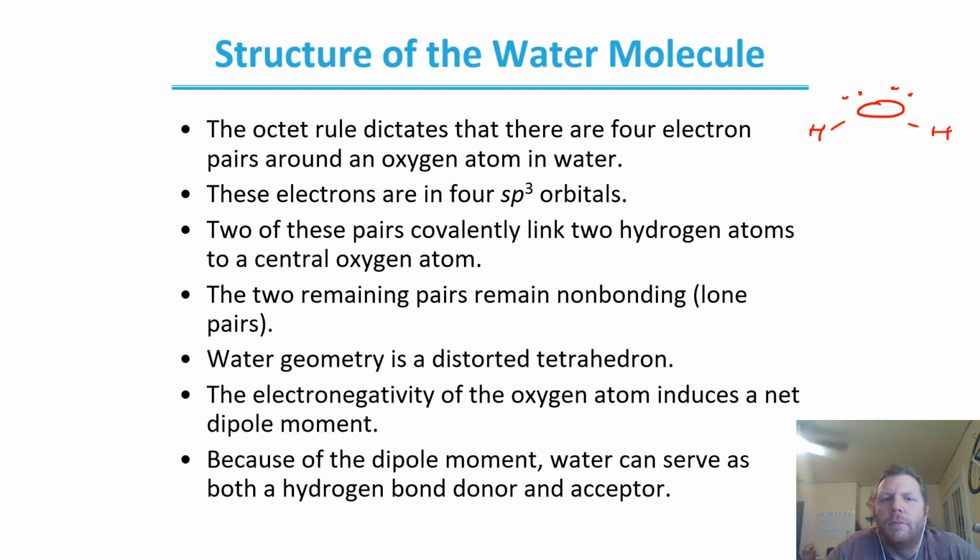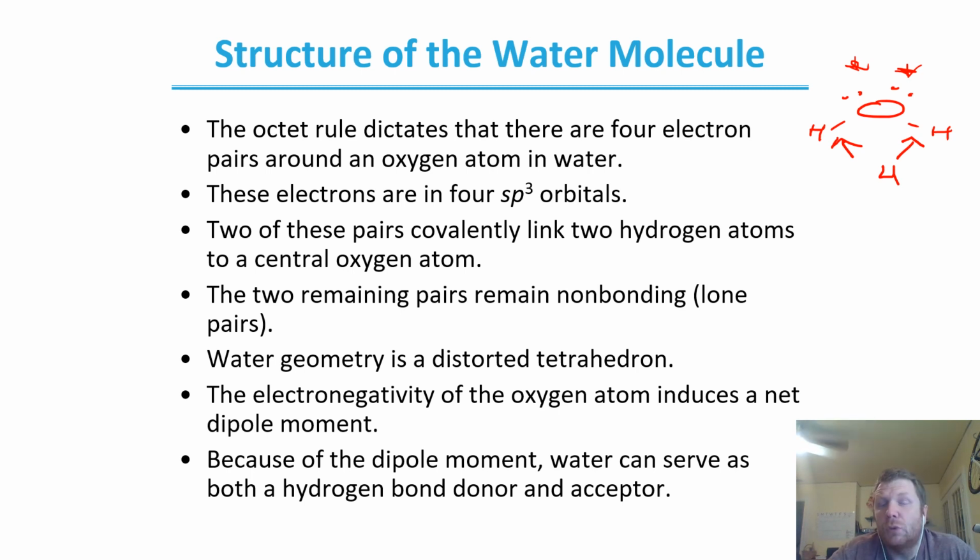These electrons are in 4 sp3 hybrid orbitals, so that means it's 1 part s and 3 parts p. 2 of these pairs covalently link our hydrogen atoms, so we've got covalent linkages here and here, linking our 2 hydrogen atoms to our central oxygen atom. So there's 4 electrons accounted for, and the other 4 are right here and right here, so that gets us to our 8. Those other 4 electrons are lone pairs of electrons, or non-bonding electrons.